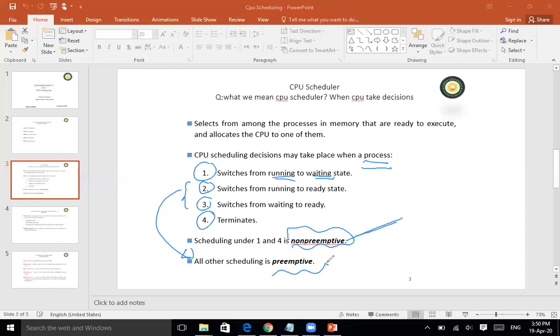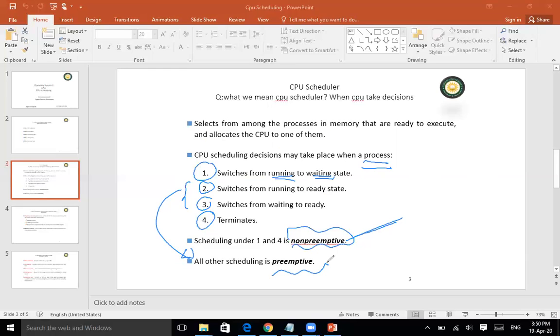Preemptive means, for example, in preemptive priority scheduling, if the running process's priority is lower than the coming process's priority, we swap, meaning we switch between them.